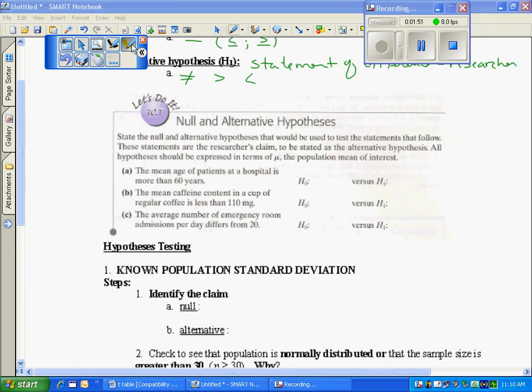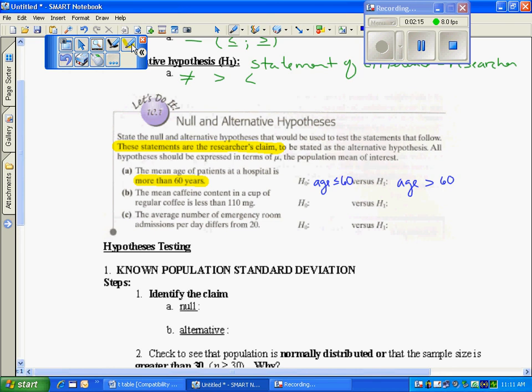So the researcher is claiming that the age is greater than 60 years old. So the alternative is that the age is greater than 60. The opposite of that is that the age is less than or equal to 60. So if I'm at 60, I'm with the null hypothesis.